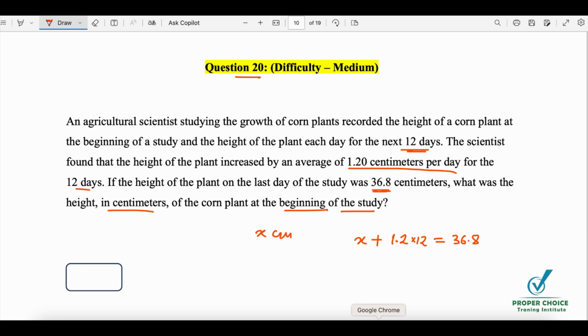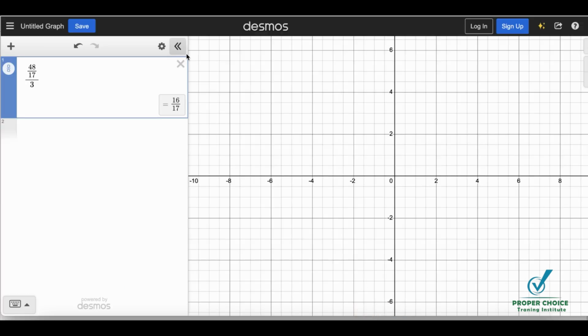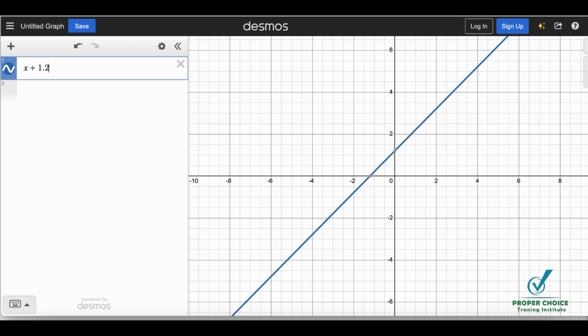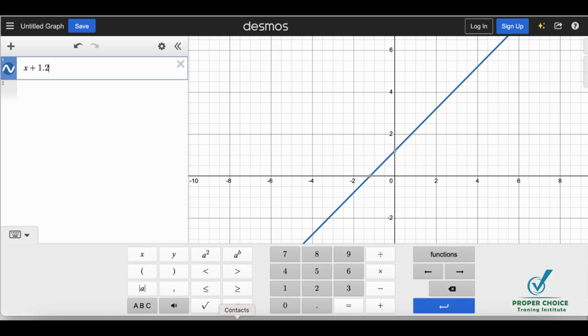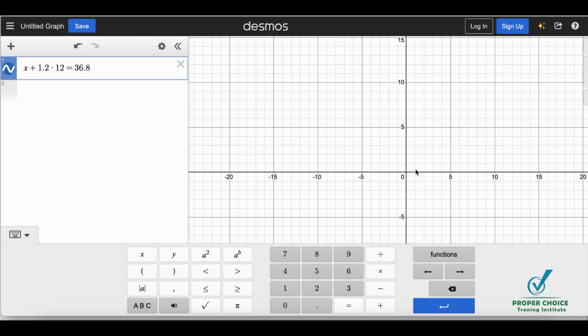Just take the help of Desmos. We can put it in the calculator as x plus 1.2 times 12 is equal to 36.8. Now what is the value of x we are going to get?